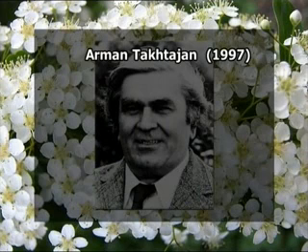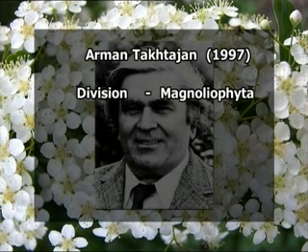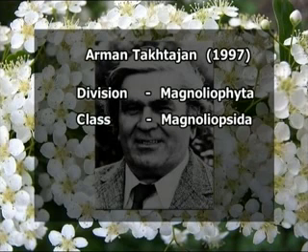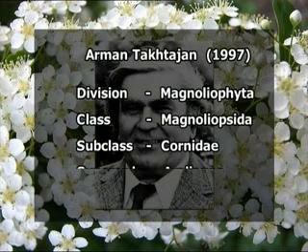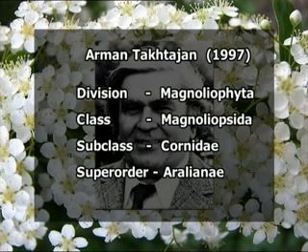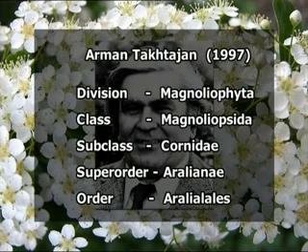Under his classification, the family Apiaceae is classified under the division Magnoliophyta, class Magnoliopsida, subclass not the Rosidae of Arthur Cronquist but Cornidae. He also incorporated one more rank called superorder and gave Apiaceae the superorder Araliiflorae. And again the order, not Umbellales or Apiales, but Araliales.